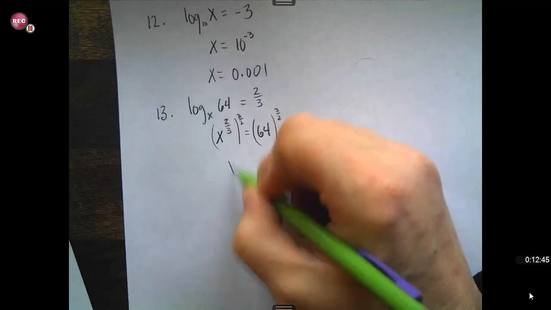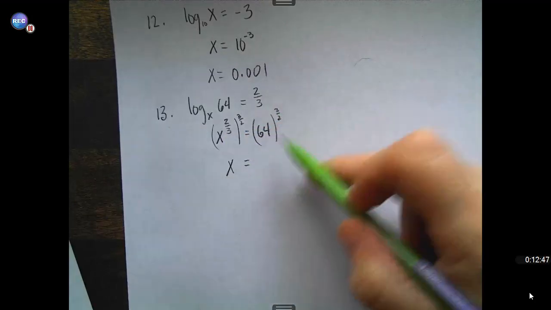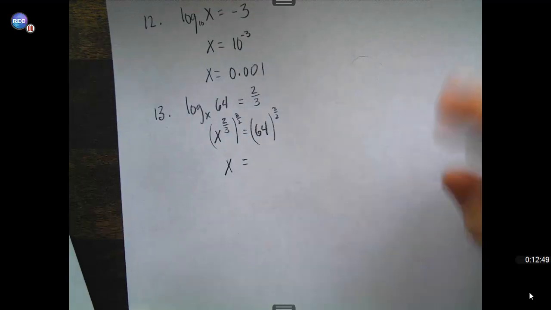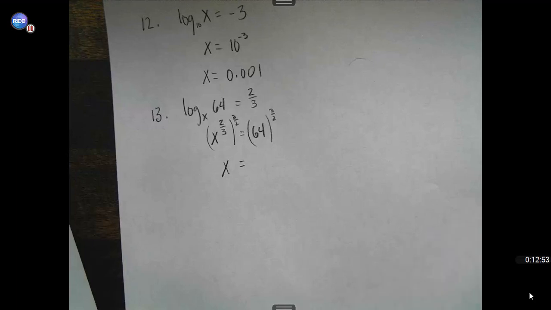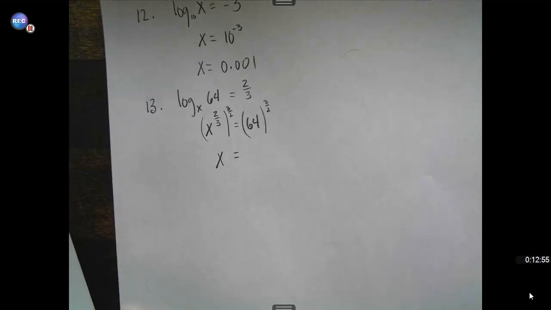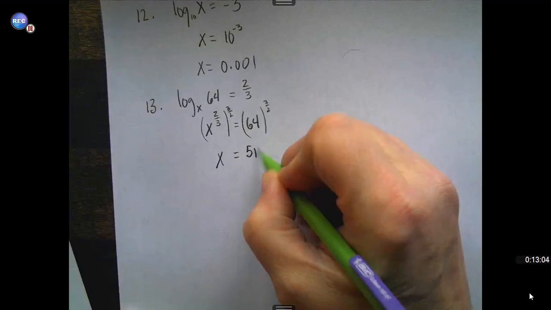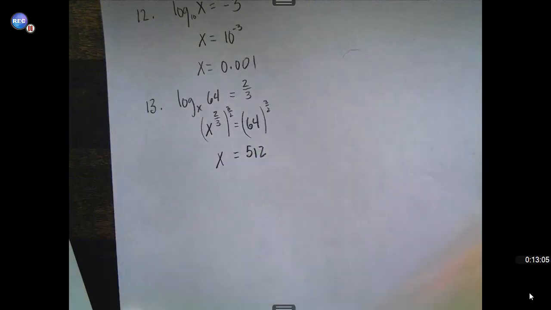And so over here I get x. 64 to the 3/2, I could run to my calculator and do 64 to the 3/2. I could also take the square root of 64, which is 8, and then cube it. You get 512.